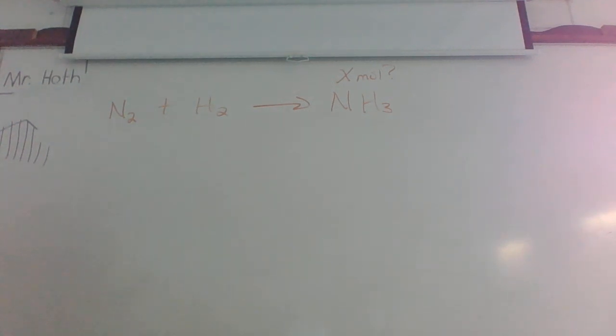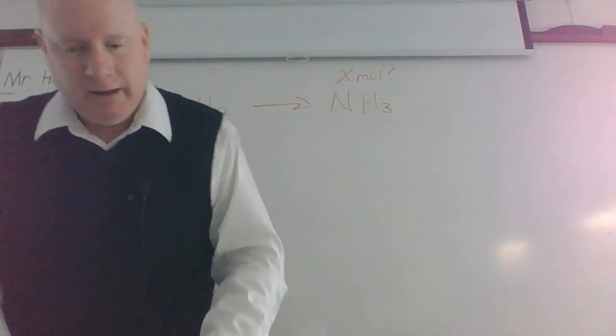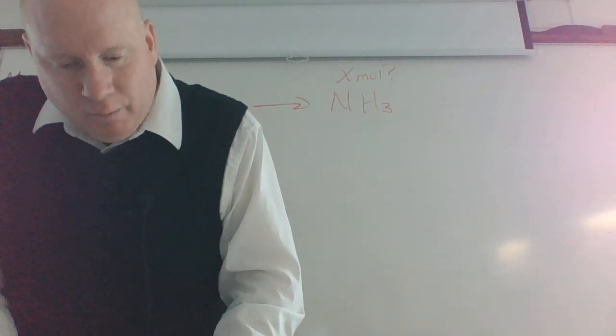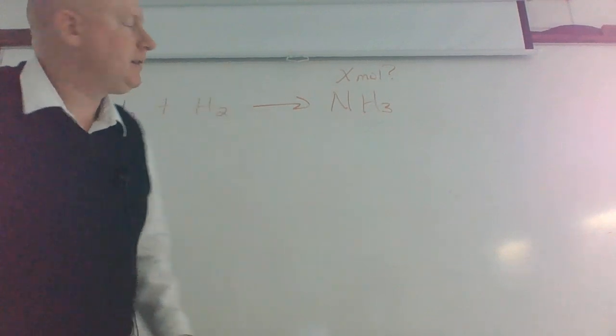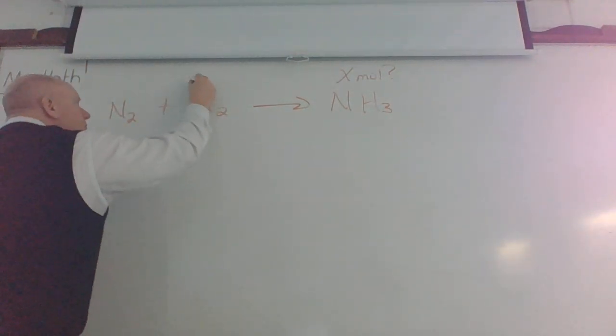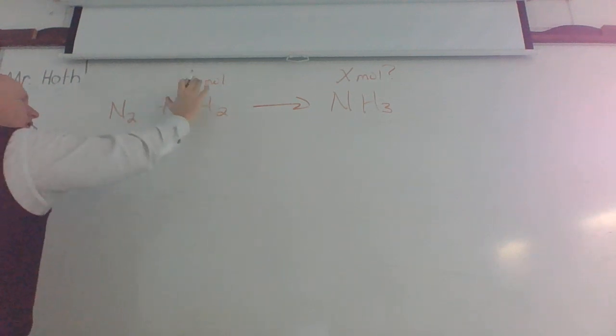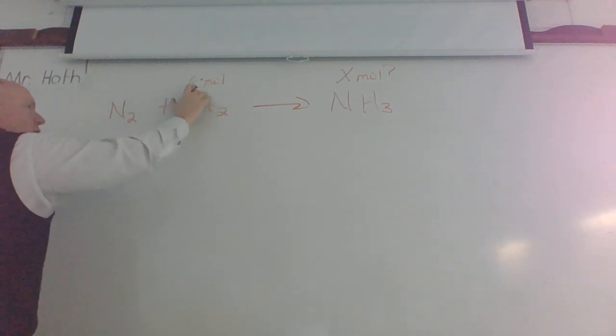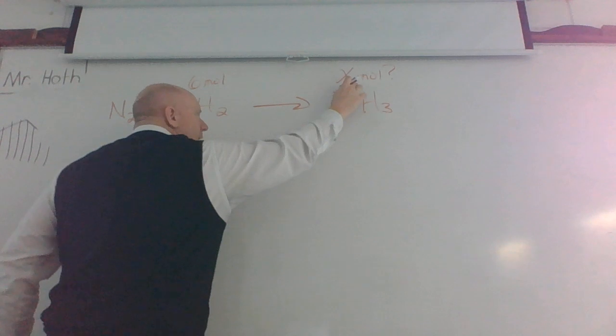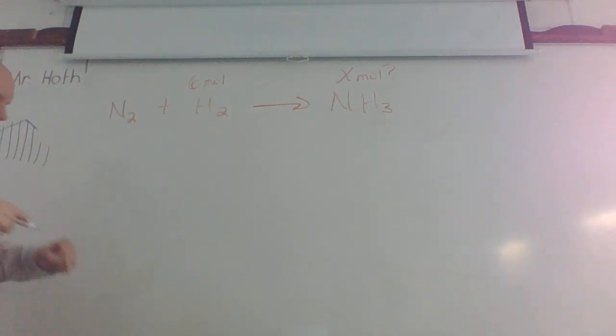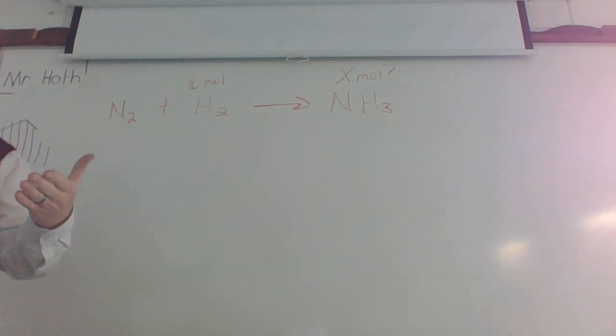But it's saying how many moles of this ammonia are produced when 6 moles of hydrogen gas. So we're starting with 6 moles of this. With this substance, we want to know how many moles of that are produced. And another aspect that you could get away with last semester is not showing your labels.